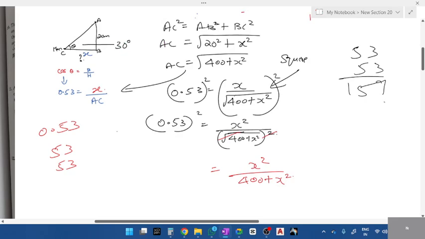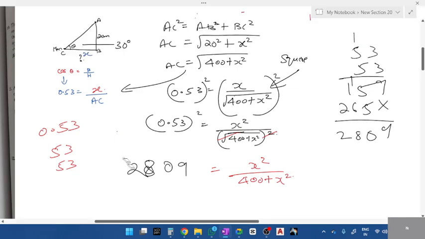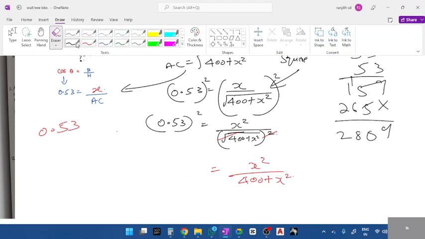9, 5 3s are 15, 5 3s are 15, 26. Did you all get 2809? Total how many decimals are there? When you multiply 0.53 into 0.53, how many decimals are there, students?